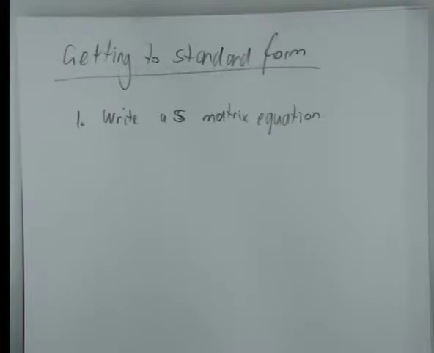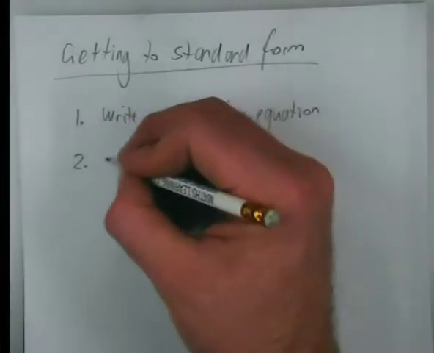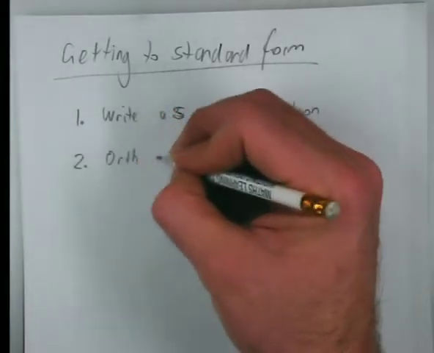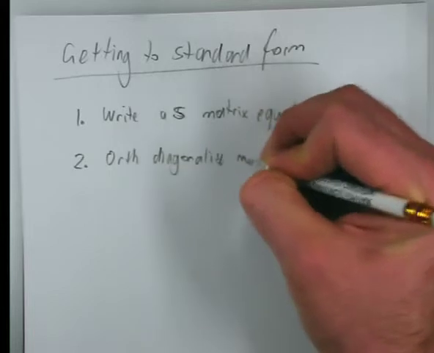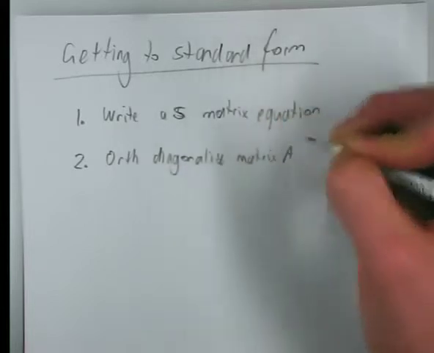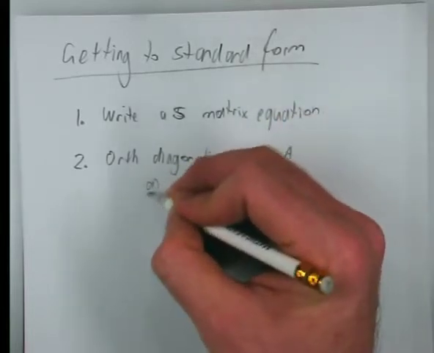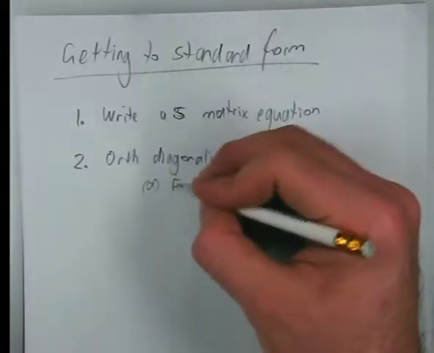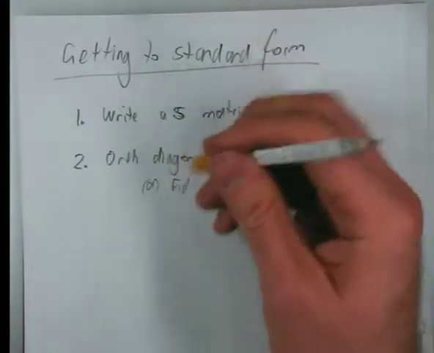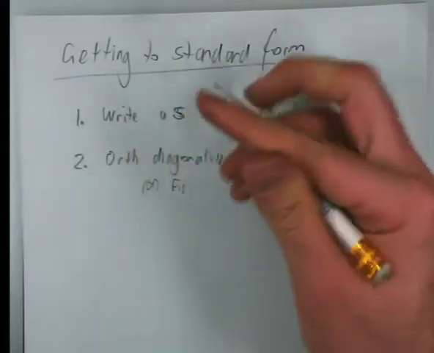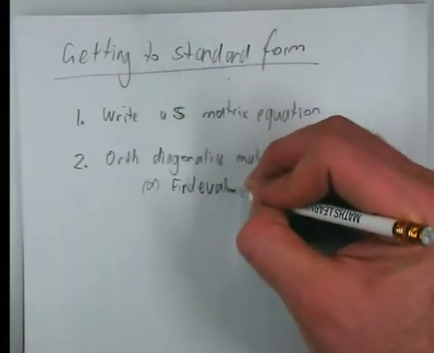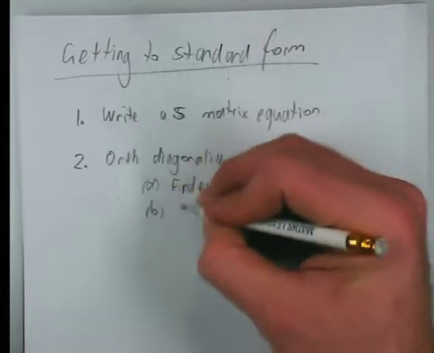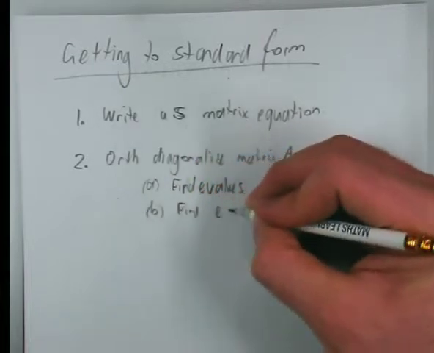In step 2, there are all these sub bits: we're going to have to orthogonally diagonalize the matrix A, which will require us to find the eigenvalues, find the eigenvectors.